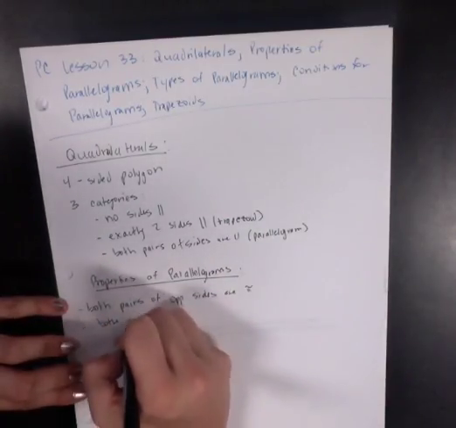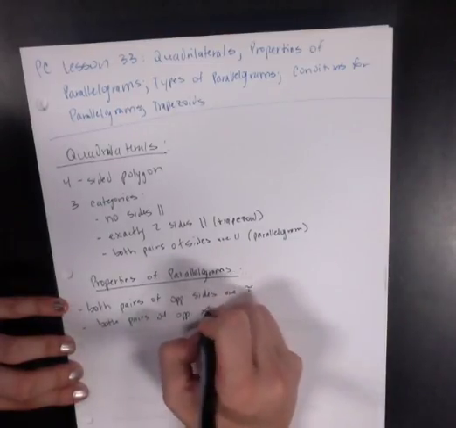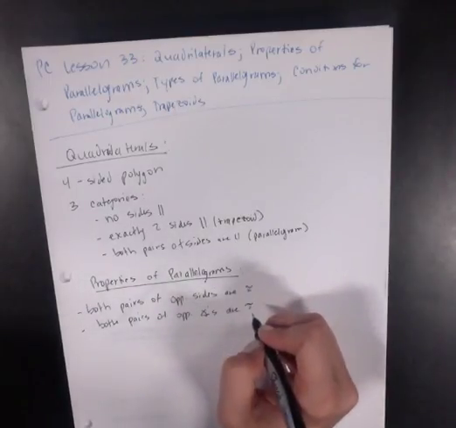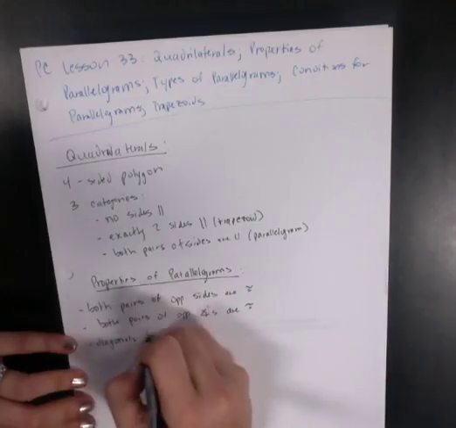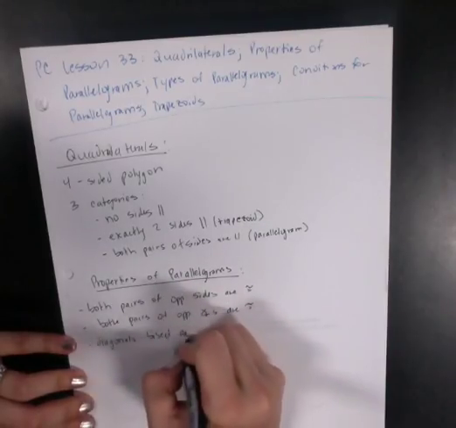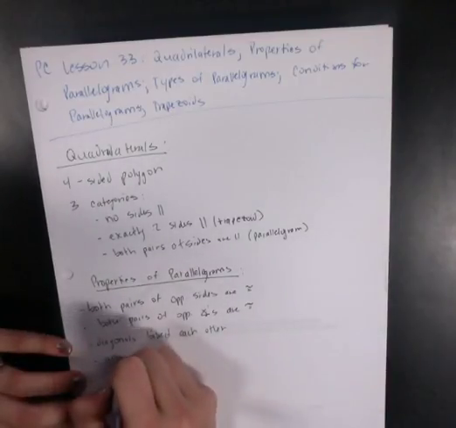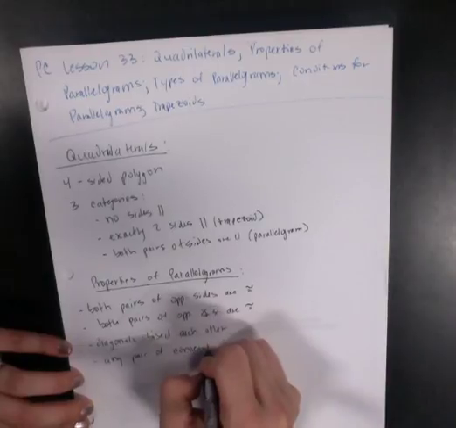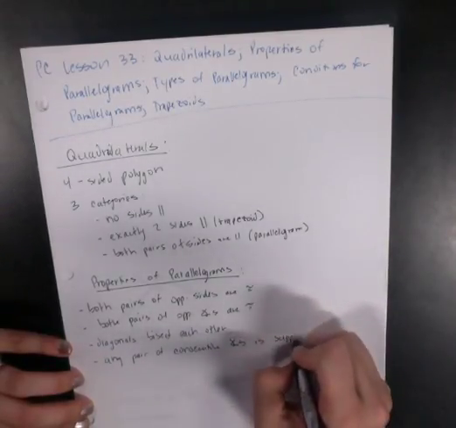Both pairs of opposite angles are congruent. The diagonals bisect each other. And any pair of consecutive angles is supplementary.